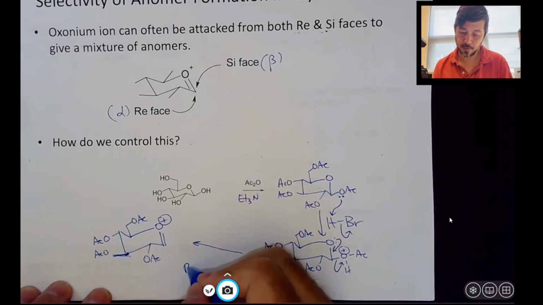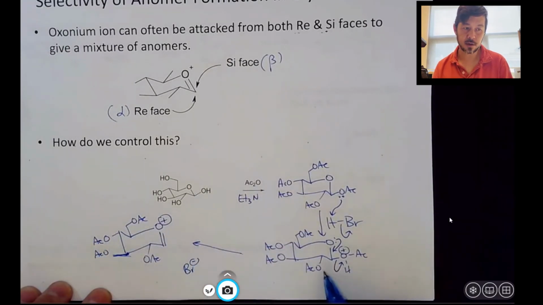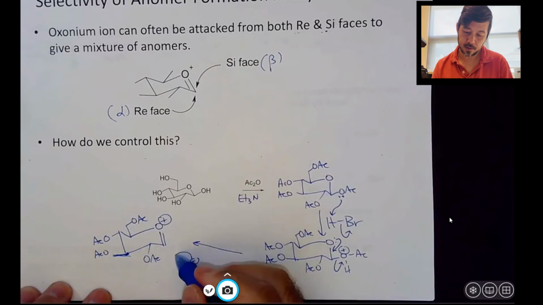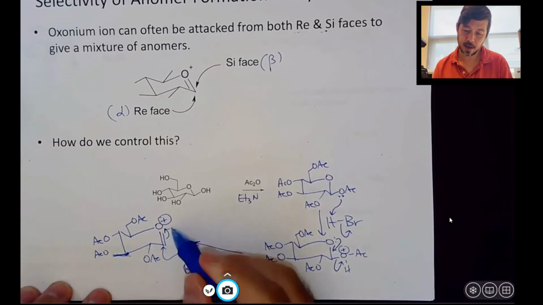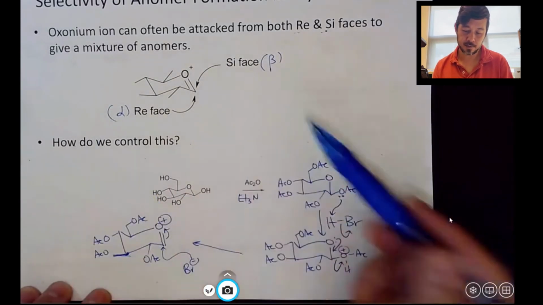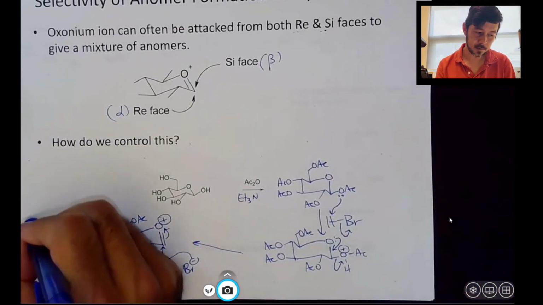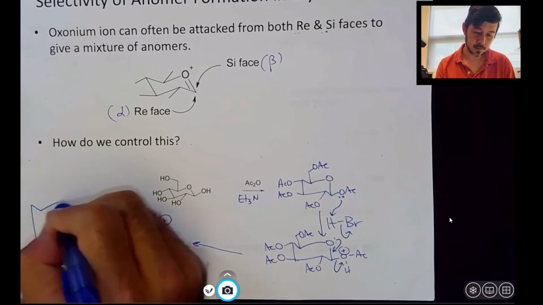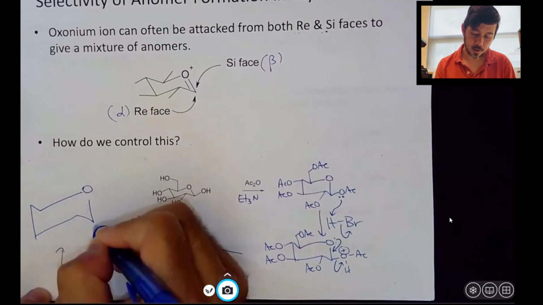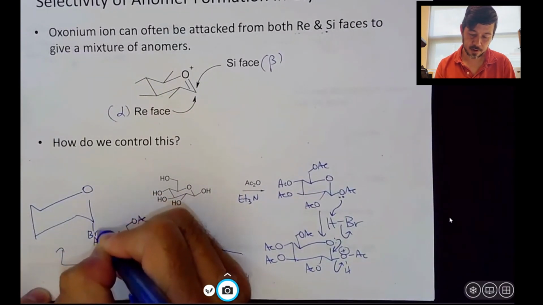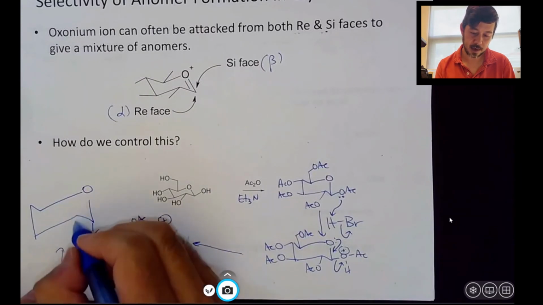Now you have a bromide anion in solution that's come off after that initial HBr attack. The Br minus will come and attack, and you might say, okay, it can attack from the alpha side or the beta side. However, during this reaction, we get exclusively, or pretty much just, the alpha anomer.